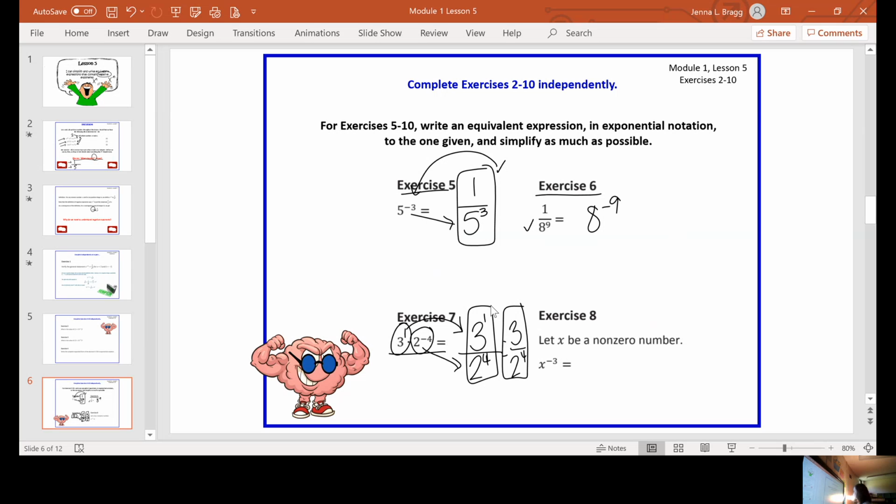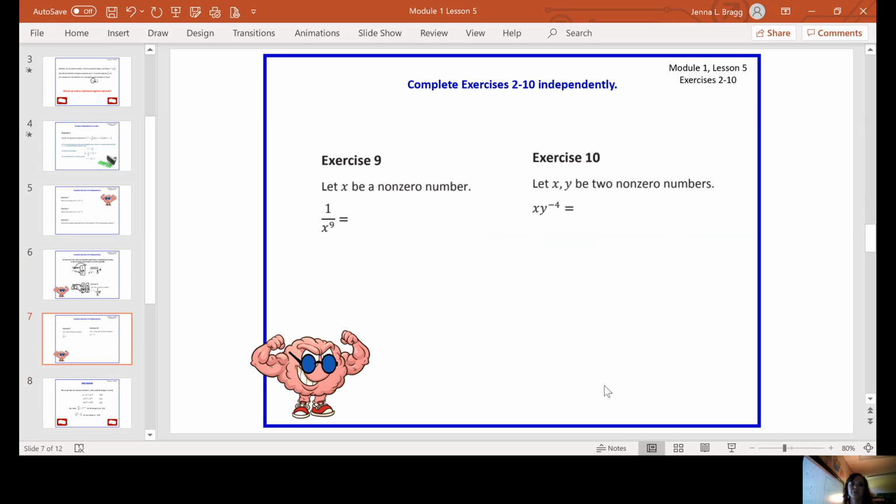Even if you have a variable, the same concept applies. Make yourself a fraction, put the positive version of that exponent in your denominator. All right, you try exercises 9 and 10. Pause here, and then we'll go over it when you get finished.